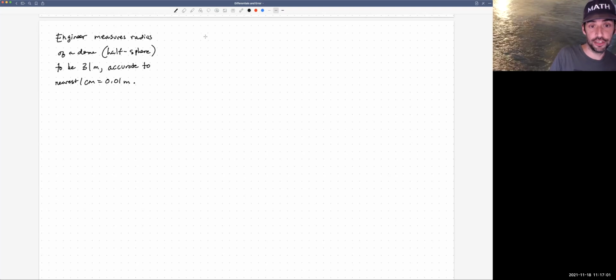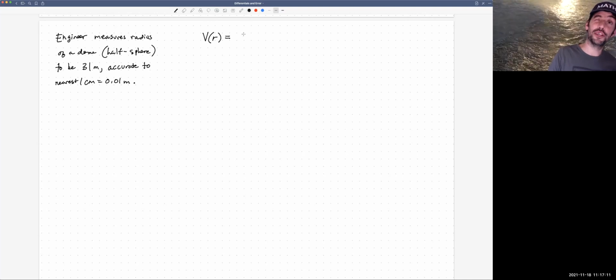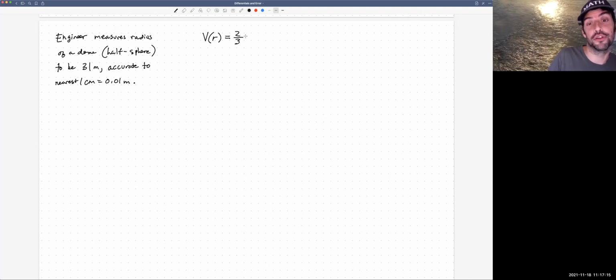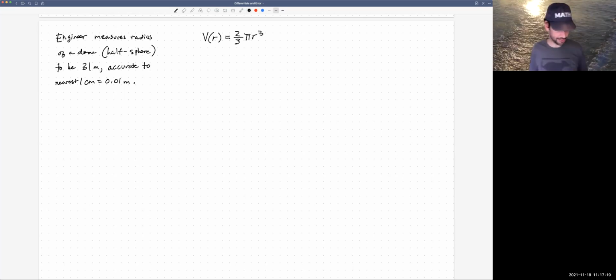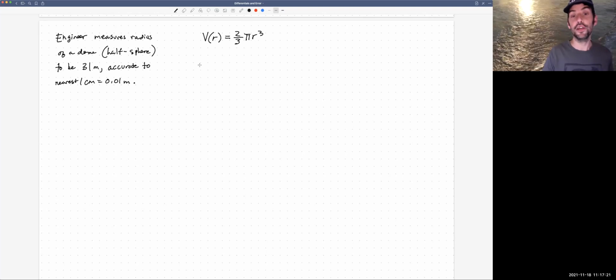We're going to start with the volume of a half sphere, so it's going to be a function of the radius. The volume of a sphere is 4/3 pi r cubed, so this is going to be half of that, or 2/3 pi r cubed. That's our volume formula.